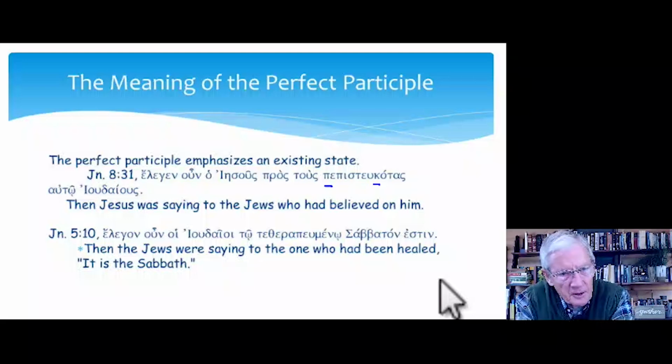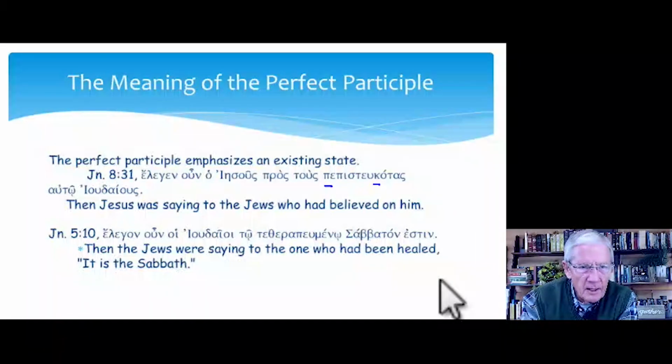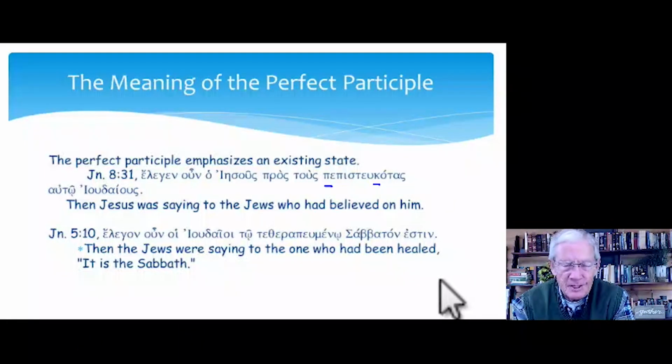All right, another example from John 5. Let's pronounce it. Elegon oun hoi Ioudaioi tō tetherapeumenō sabbaton estin. Our subject there is the Jews. Therefore, the Jews were saying, elegon, imperfect active indicative third person plural.